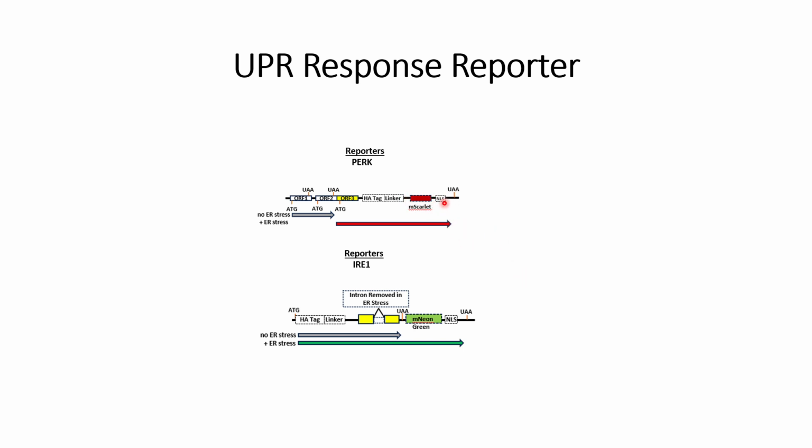If this NLS sequence is not there, the translated reporter will be spread across the cytoplasm, and we will not be able to see a bright signal, as all of it is spread across a larger area, compared to a condition where the NLS signal is present and all of it is concentrated within the nucleus.